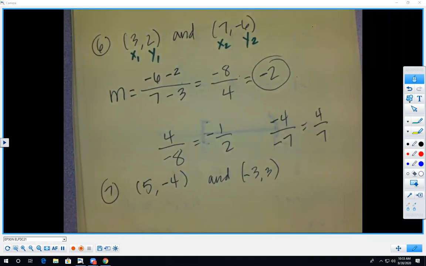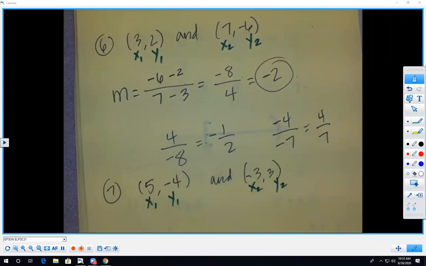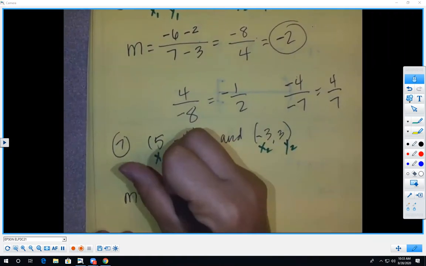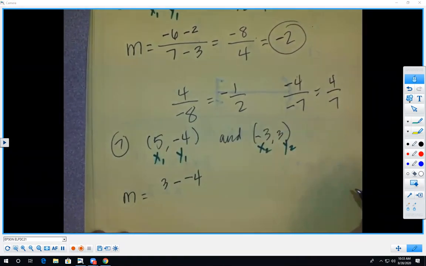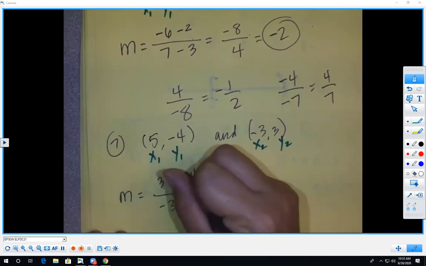Okay, so if you label them x1, y1, x2, y2, and then I plug them in. So y2 would be 3 minus y1 would be -4. So 3 minus -4 over x2 is -3 minus x1, which is 5.